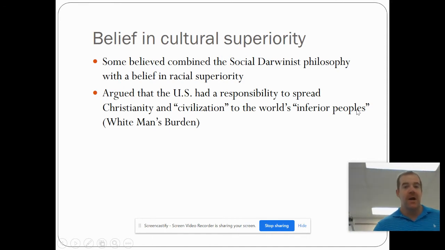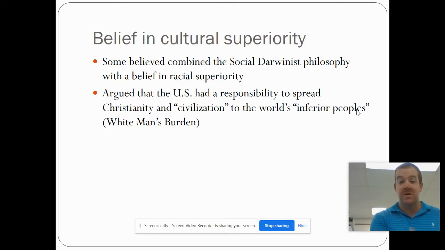Cultural superiority. All right. The cultural superiority is, again, applying that social Darwinist philosophy with the belief in racial superiority. So social Darwinism, which we studied a little bit last semester in an industrialization context, meaning that those captains of industry, those robber barons, believed that they were richer or superior to the workers just because of the survival of the fittest, right?